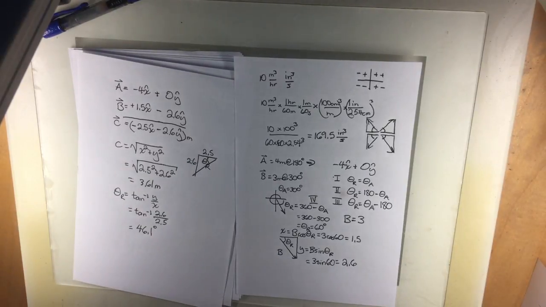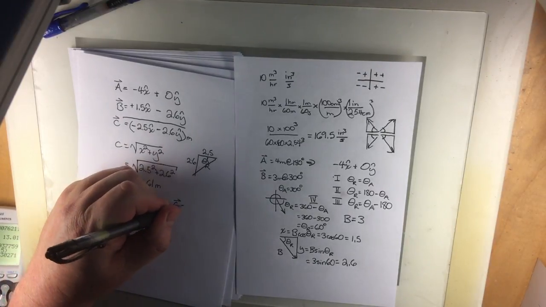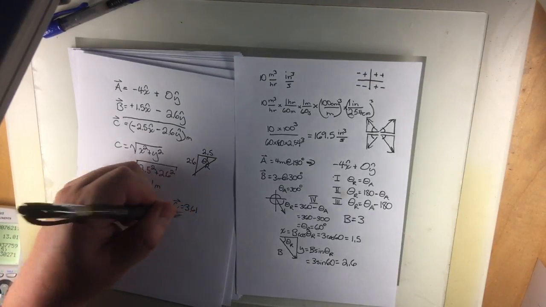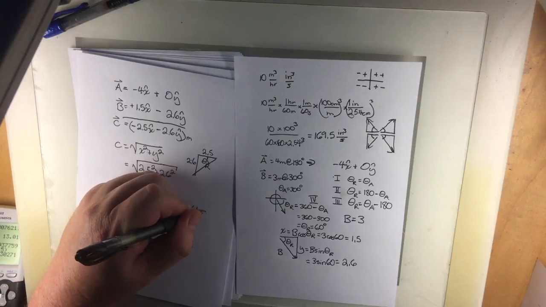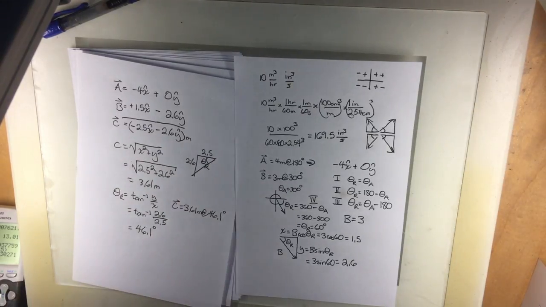(46.1 degrees). So the answer C equals 3.61 meters at 46.1 degrees. And so that would be the answer. Now, in terms of, I know you guys round. I've rounded.